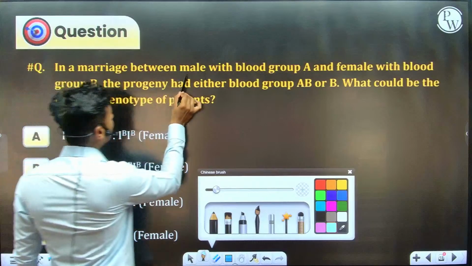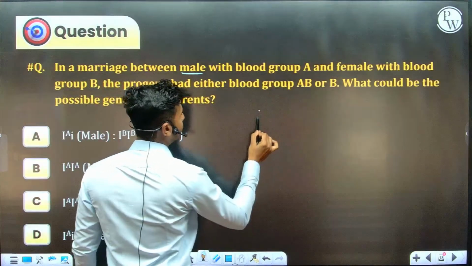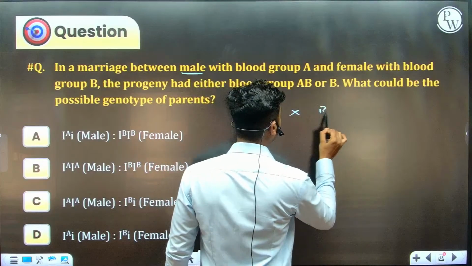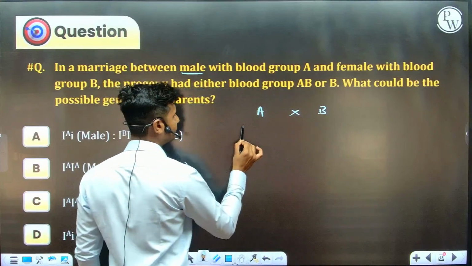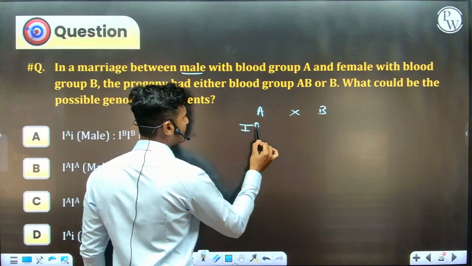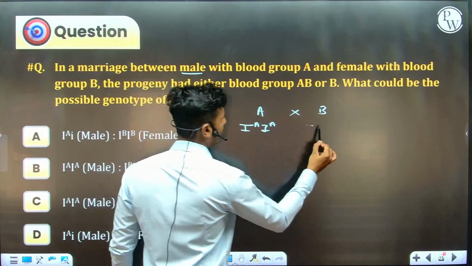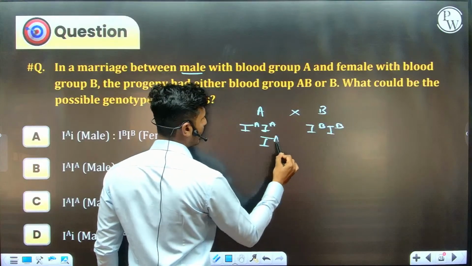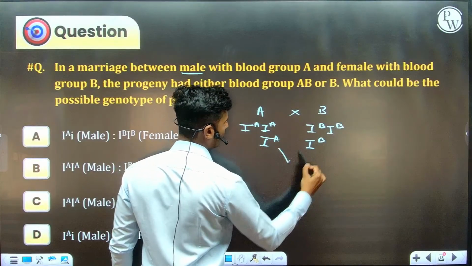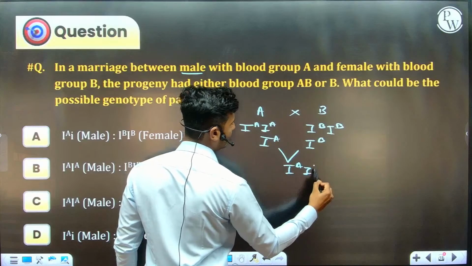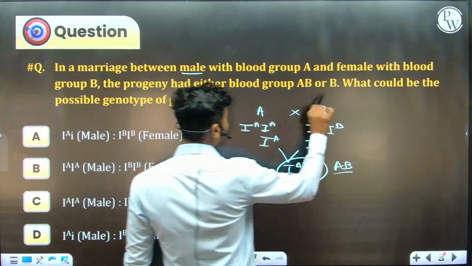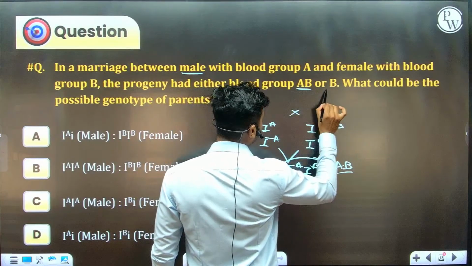If we go by the homozygous nature, IA and IB, only one gamete is produced here, IA, and only one gamete IB. Crossing IA and IB means the only possibility is blood group AB. But they are saying we want AB as well as B.